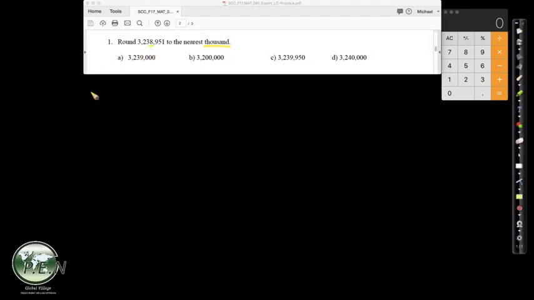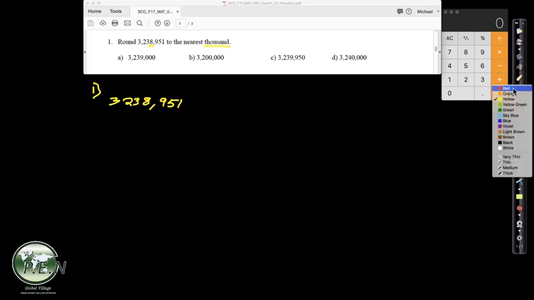What we have is that the number we are given, 3,238,951, will get either rounded up or down. And so I'm going to write the two choices we have.